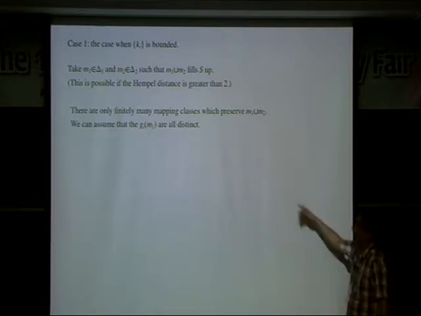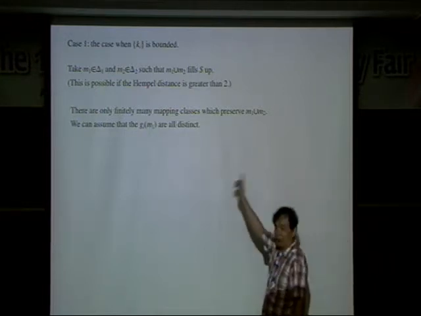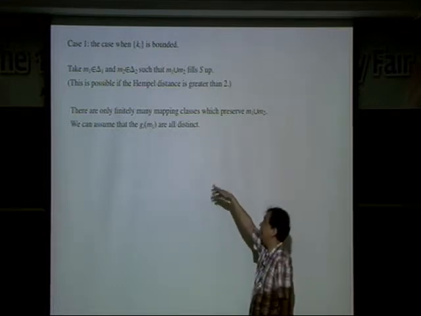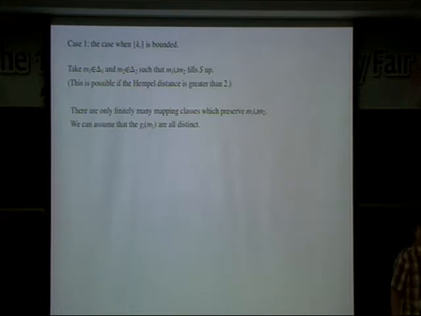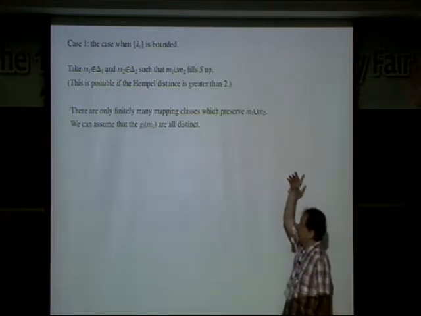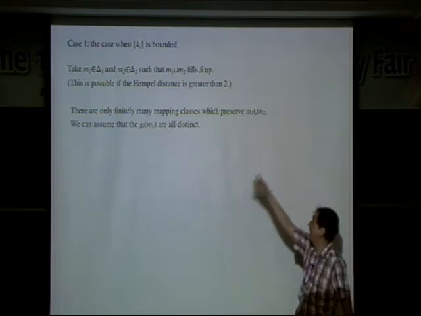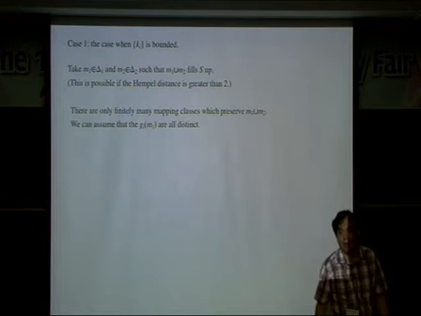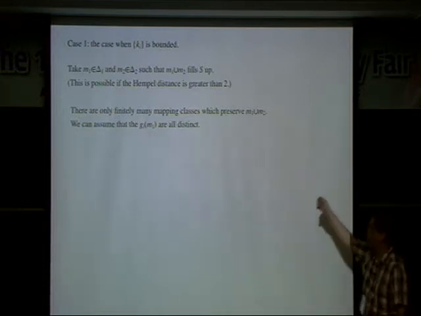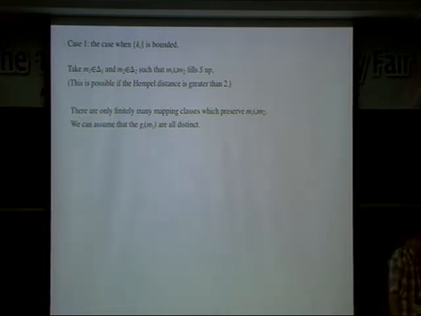So after passing to a subsequence, because we are considering infinitely many distinct elements in the group generated by G1 and G2, we can assume that the g_i M1 or g_i M2 are all distinct. So we assume that the g_i M1 are all distinct.